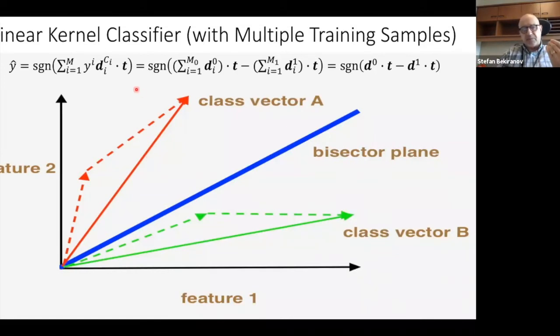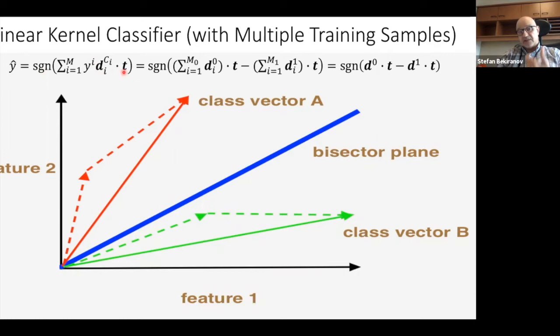If I have multiple samples, then I can more formally mathematically define this kind of classifier as the predicted class label, which can take, let's say in this case now, a 1 or a minus 1, equal to the sign of the sum over all the samples of each sample's training class, which is 1 for disease and minus 1 for control, times that particular sample's disease vector or control vector, dot product with the test vector.